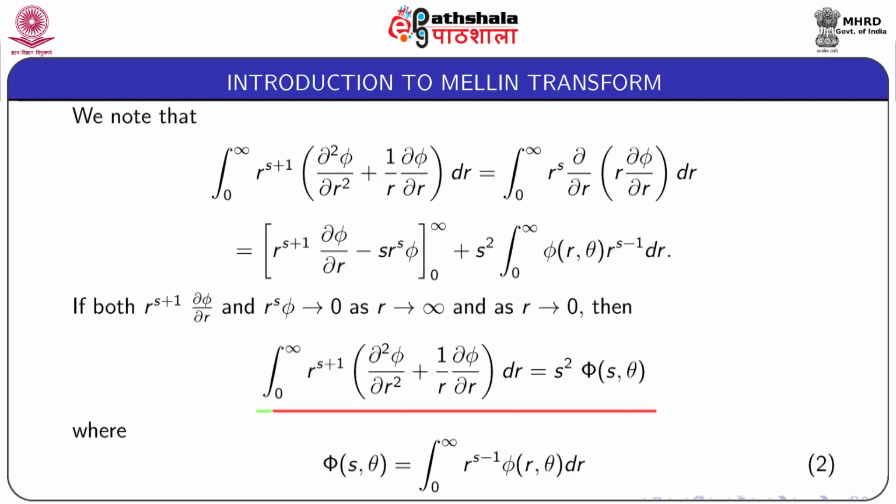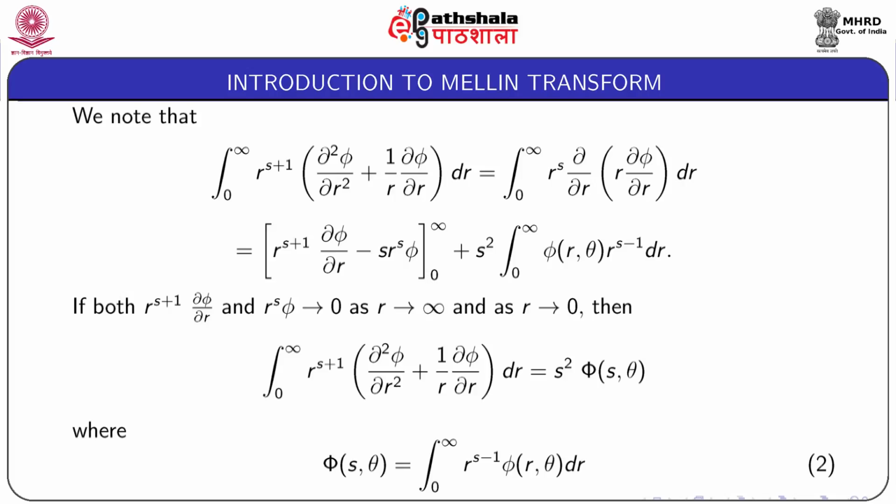then we obtain the integral from 0 to infinity r to the power s plus 1 times del 2 phi del r 2 plus 1 by r del phi del r dr, and this is equal to s square into this integral, because this boundary term is 0.